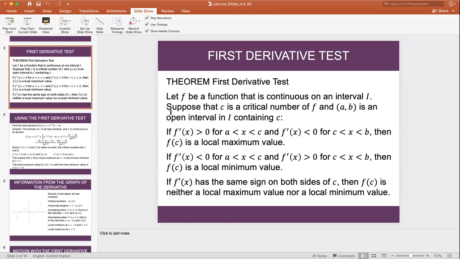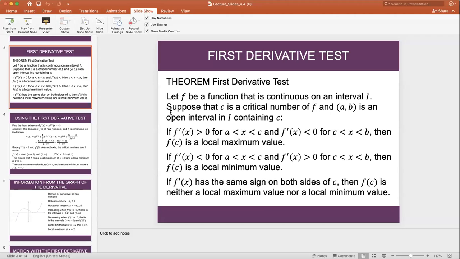The function f is continuous on an interval, and notice that c is a critical number, so it's like c is 0. One of ours in this problem was 0, and you had a value to the right and the left of 0.